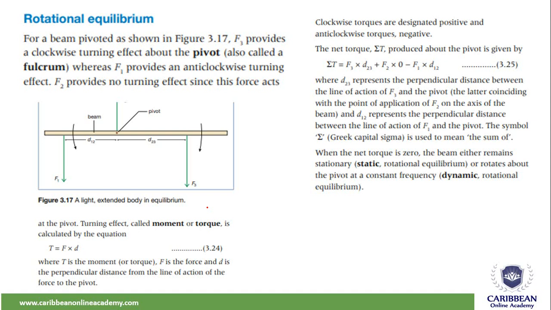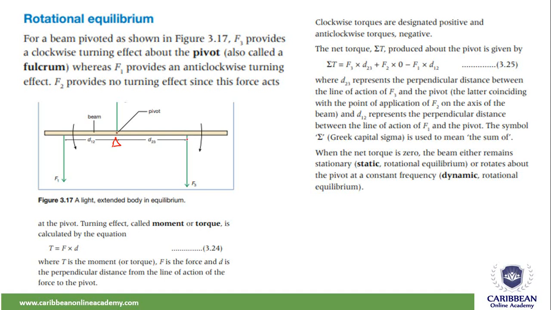So typically, if you have a seesaw that is pivoted at some point, depending on where the forces are located, those forces will cause a turning effect, so to speak. Good.